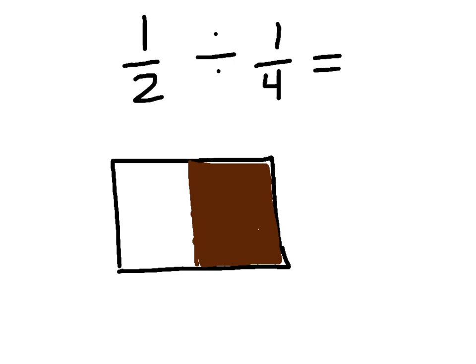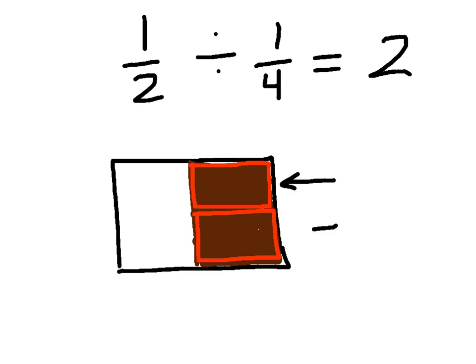Okay, so here's a half a pan of brownies. If I ask the question, how many quarter pans of brownies are there in that half pan of brownies? The answer is pretty obviously 2. Here's 1 of the quarters, here's 2 of the quarters.